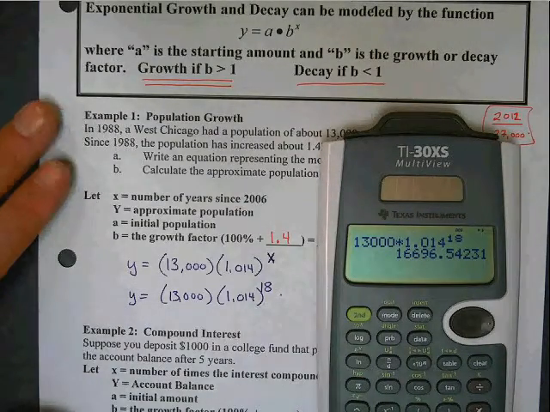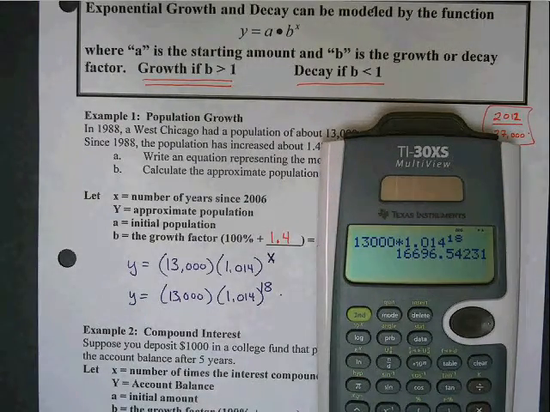Well, let's see. It's a good question. Do we round? We're approximating. I think since we're approximating, maybe I'd round. In this case, round up, because we're not saying exact amounts. But if it was exact amounts, like, how many hatched eggs do we have, then we can't round, because you can't have a partially hatched egg.